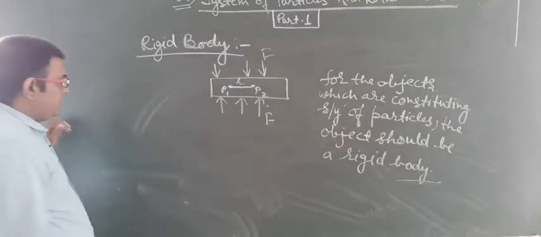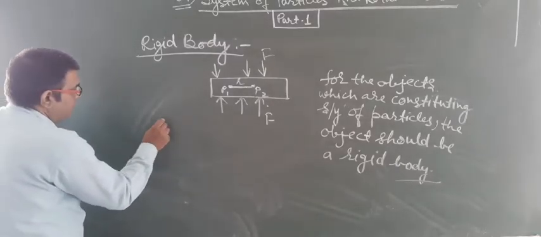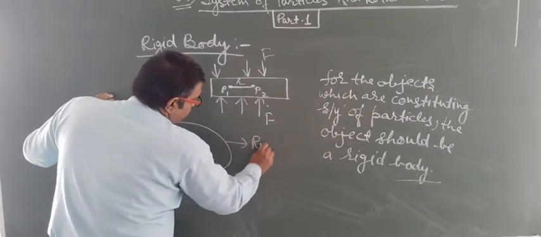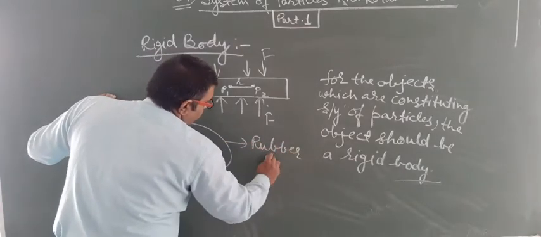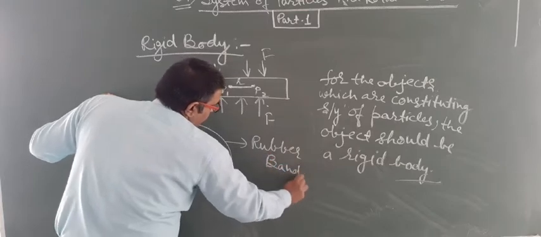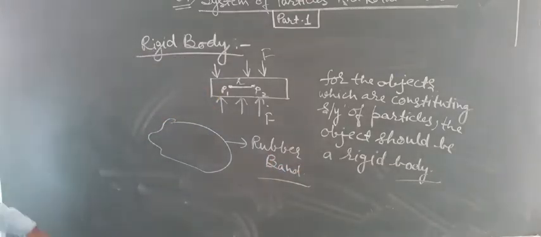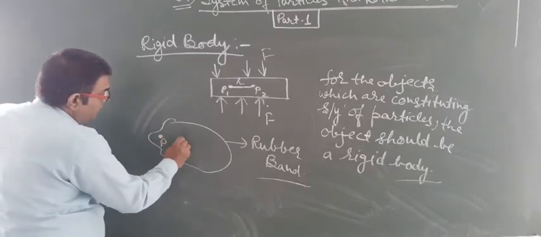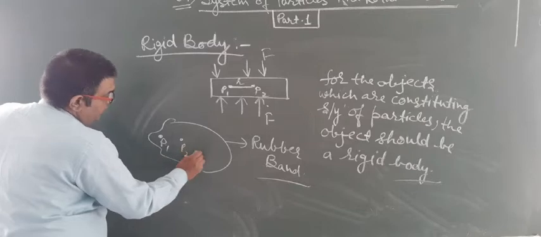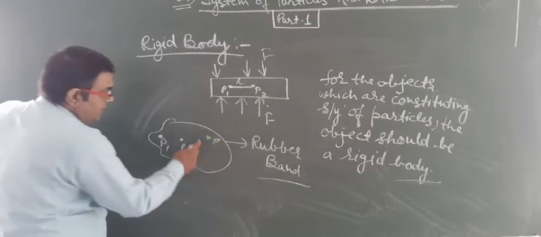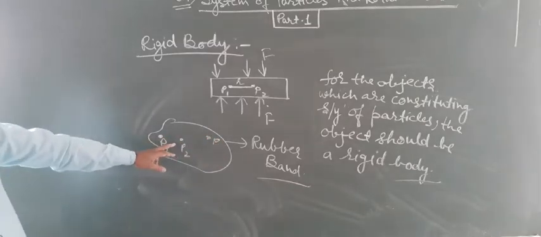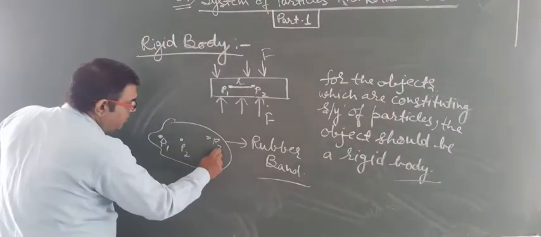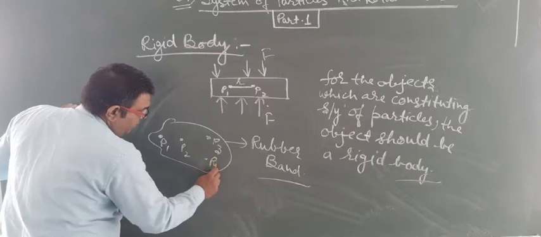Means if I say that suppose there is a rubber band, and here there is point P1 and here is point P2. These are the constituent particles of the system, P1, P2, P3, P4.